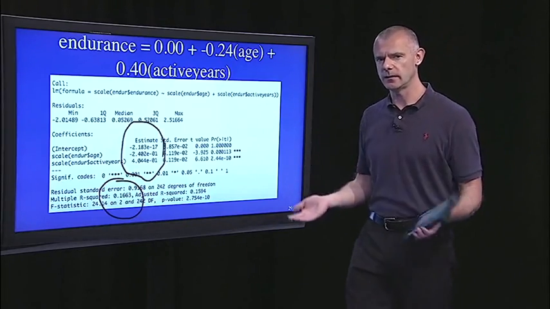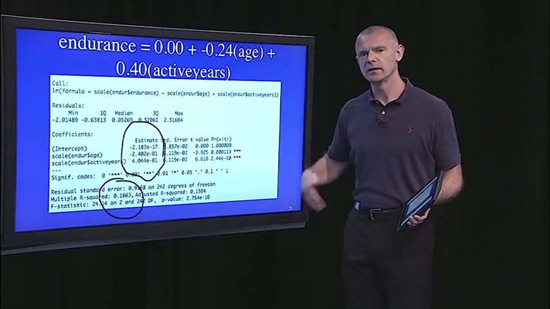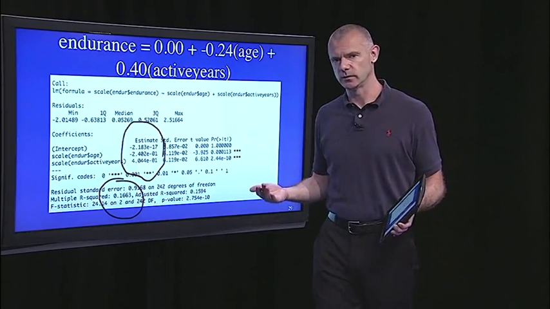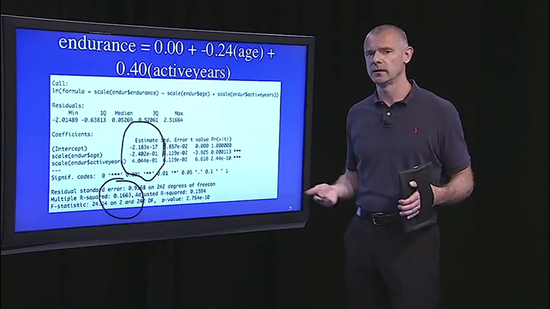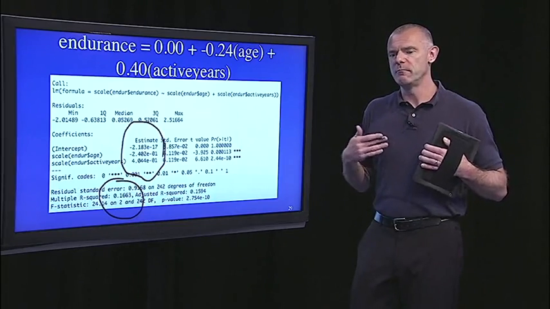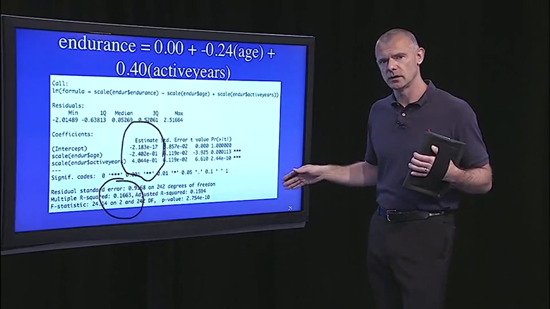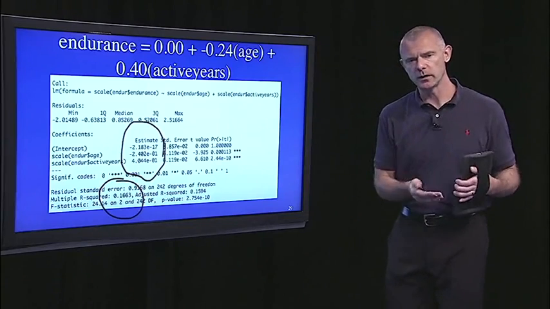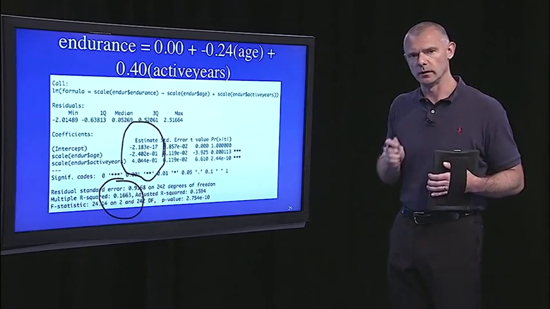So we just added those together, that's 12%. But in this model, by putting them together, we're explaining 16.6% of the variance. That's the beauty of doing multiple regression analysis. What we're doing is we're finding the best linear combination of these predictors to explain the outcome. So knowing both the number of active years and someone's age allows me to explain more than knowing either one in isolation.